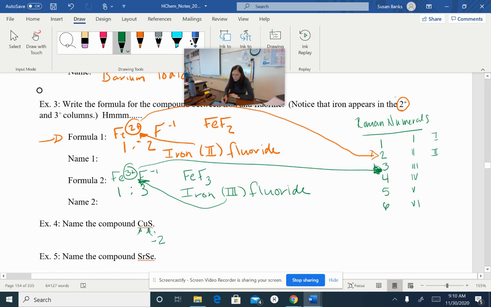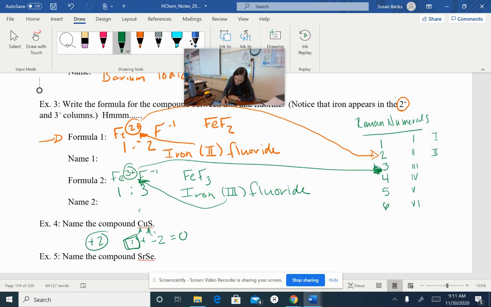Remember, this whole thing has to add up to 0. So what does the copper have to be? Something plus -2 equals 0. What is that something? Hopefully you said it's got to be a +2. +2 plus -2 equals 0.